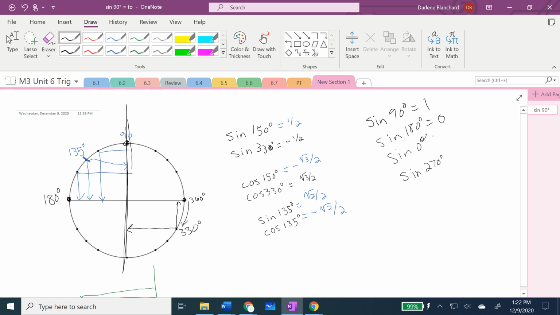What is the sine of 0 degrees? And then if you land on 270, what is the y coordinate at that point? -1.